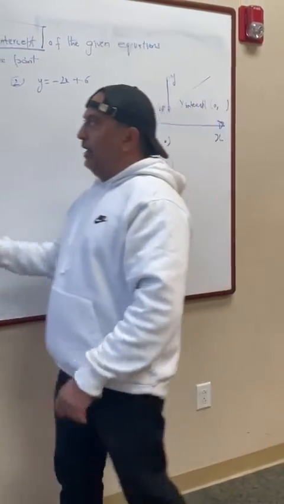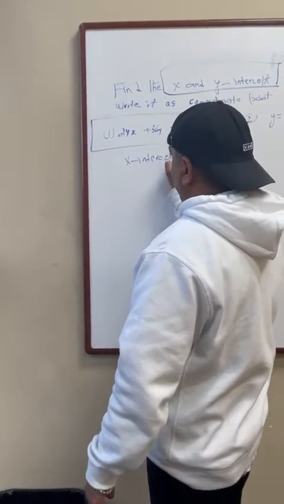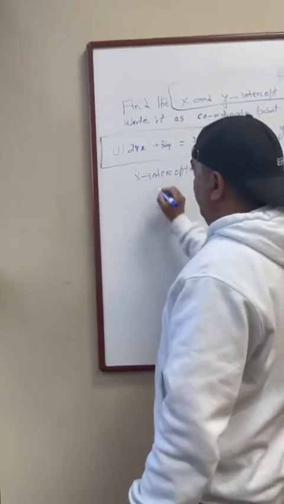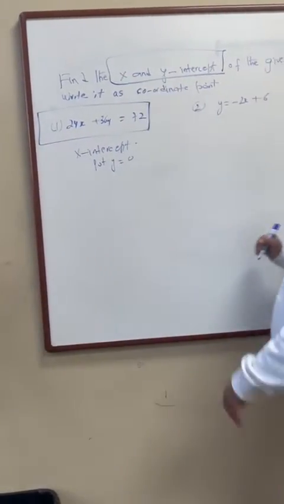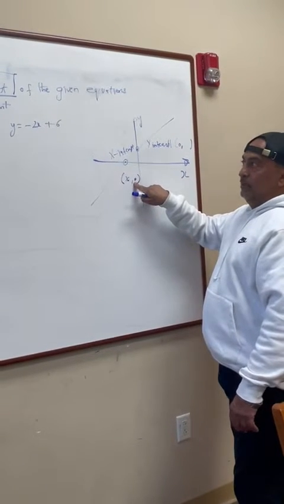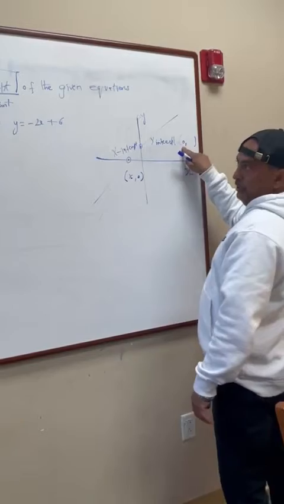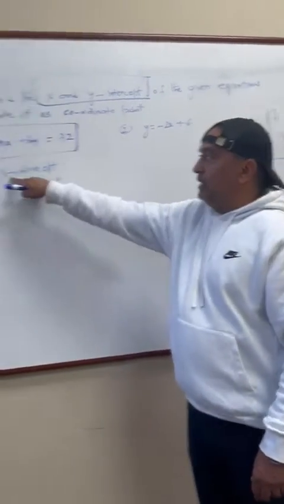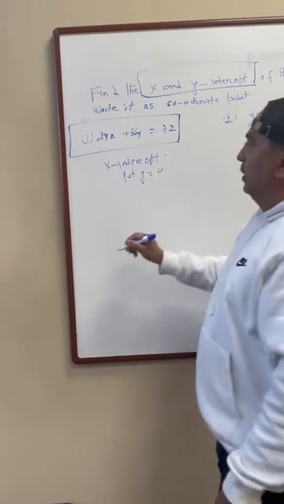So in order to find the x-intercept, we will put y is equal to 0, because at the x-intercept my y coordinate is 0. At the y-intercept, my x coordinate is 0. So if you are finding the x-intercept, just do the opposite: put y is equal to 0 in the given equation.